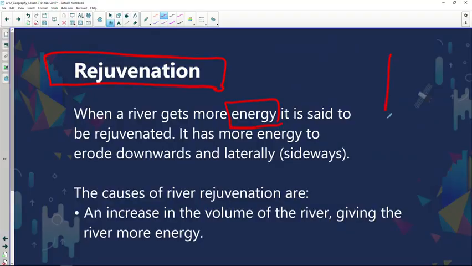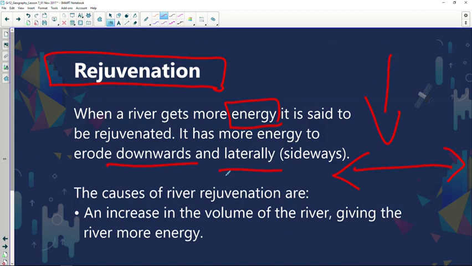We're going to experience more downward erosion and more lateral erosion. Okay. Now, just look at the definition of rejuvenation. When a river gets more energy, it's said to be rejuvenated. It has more energy to erode, like I've mentioned, downwards and laterally, sideways.